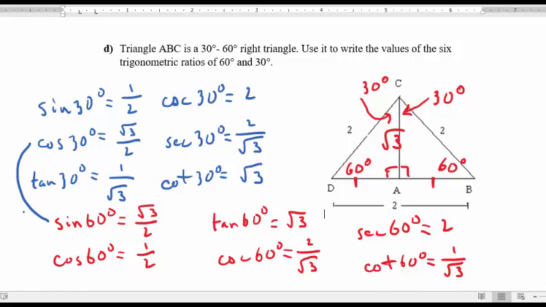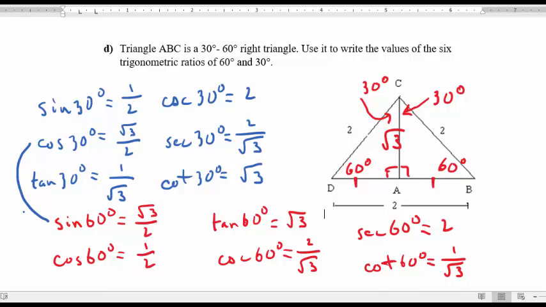Because what ends up happening there is the adjacent and the opposite switch, right? So if you're dealing with 30 degrees, the adjacent is square root of 3. But then if you're dealing with 60 degrees, the opposite is the square root of 3. So they just switch places, the adjacent and the opposite, when you're going from 30 degrees to 60 degrees. So that's why you have that relationship between the cosine of 30 and the sine of 60, and the sine of 30 and the cosine of 60.